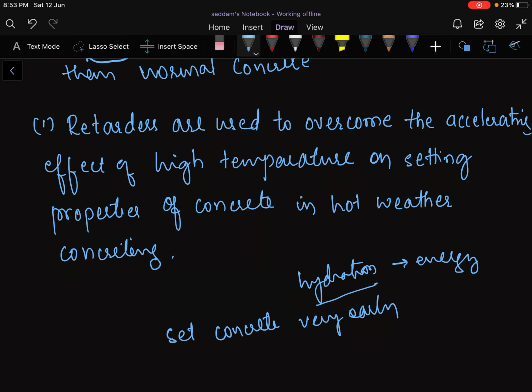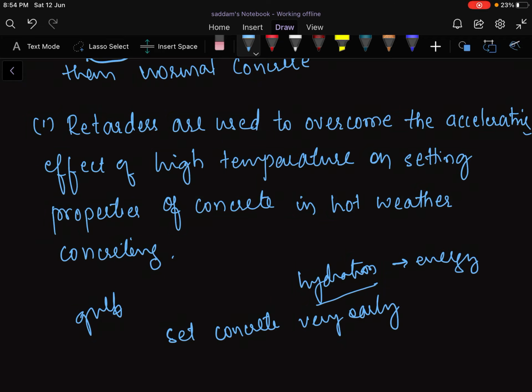Okay. So because the temperature is high and the hydration process is also releasing heat, the concrete sets very early. Okay, so in that situation, especially in the Gulf countries where the temperature is very high, we need to make use of retarders so that we can delay the setting time of concrete even in the presence of high temperatures.